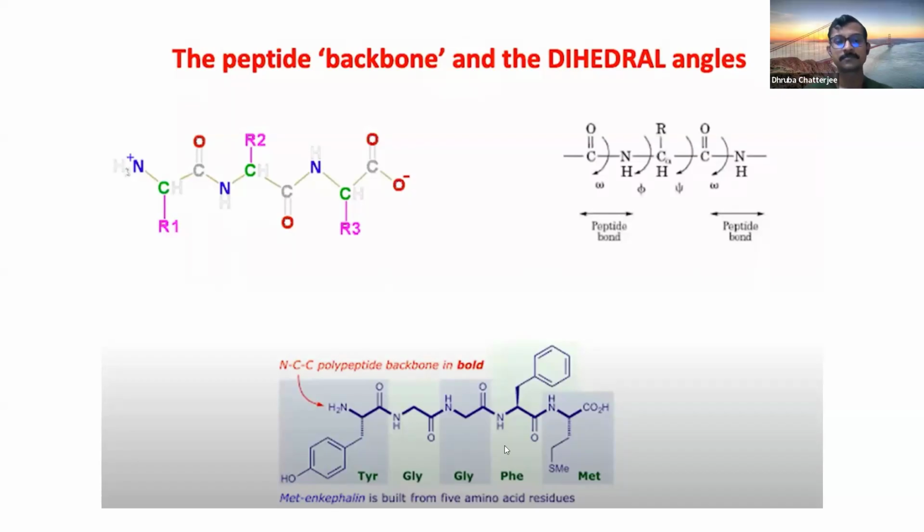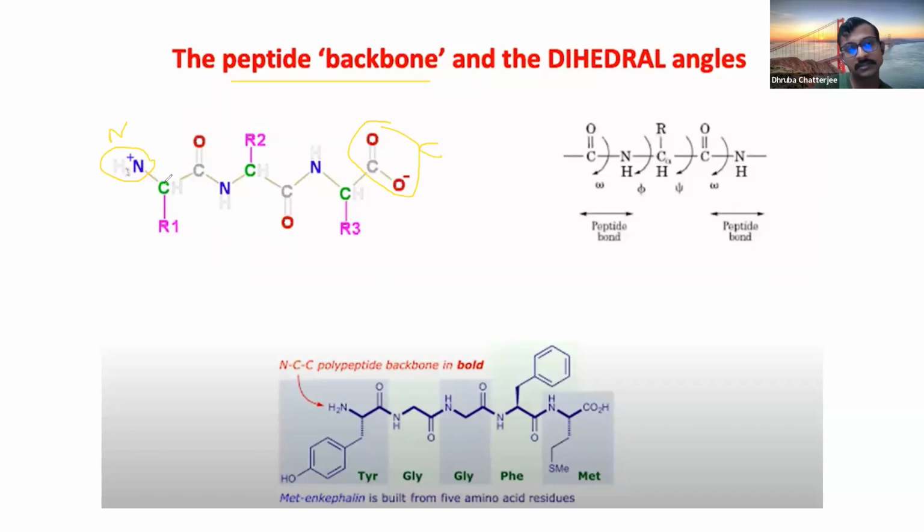So basically, first we have to look at the peptide backbone, the covalent peptide bond that joins together amino acid residues. So if you look, this is your N terminal, right, having the NH3 plus. This is your C terminal having the CO minus. Right? This is your C terminal.